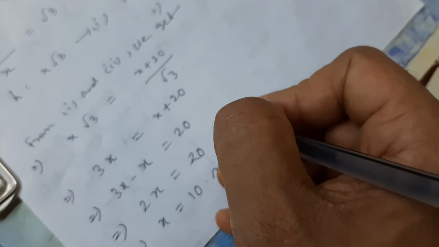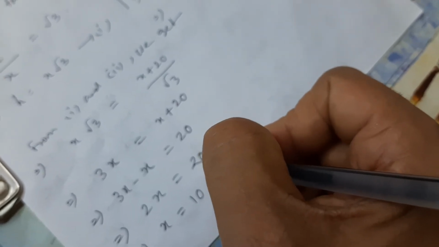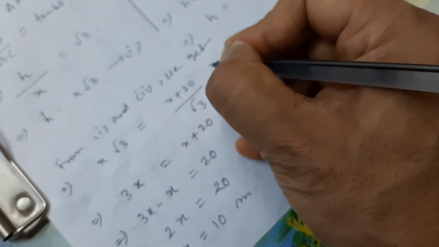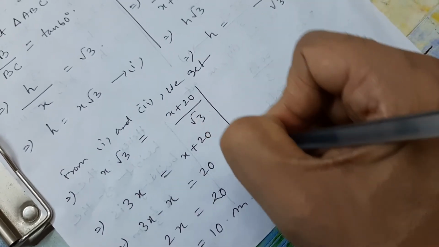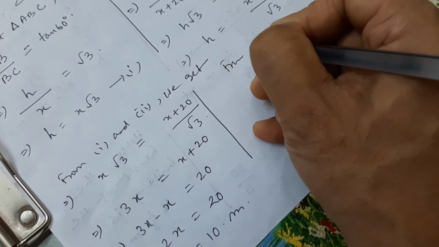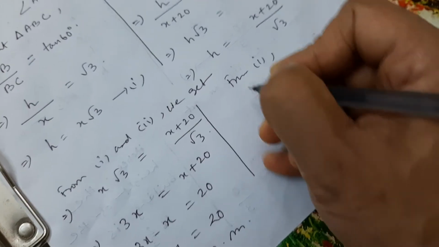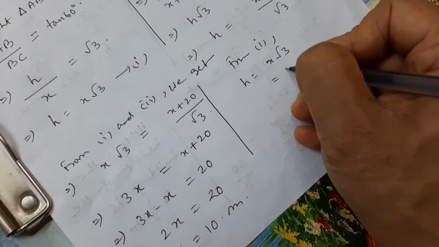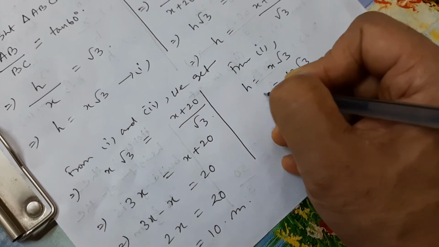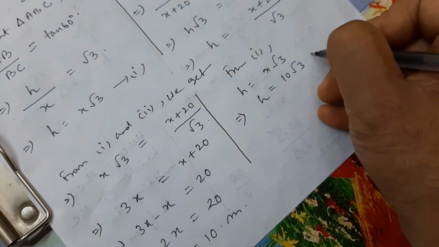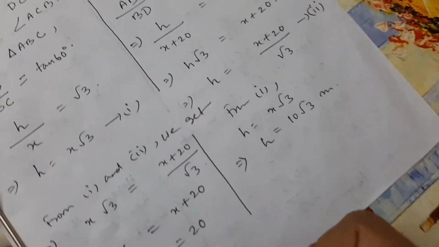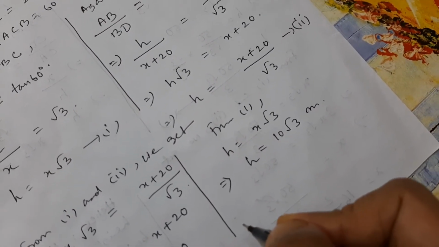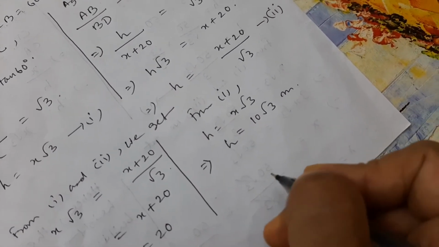Now put this value of x in equation 1. So from 1, h equal to x √3, x is 10, so h is 10 √3 meter. So h means height of the tower, that is 10 √3 meter.